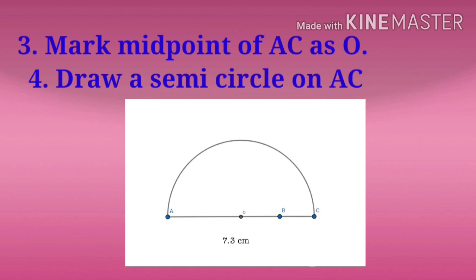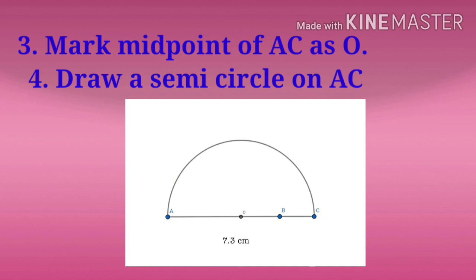To draw a circle you have to know the radius. Here the radius is the length of OA or OC. Measure it, then draw a semicircle. O is the center, AC is the diameter. So you will get a semicircle.